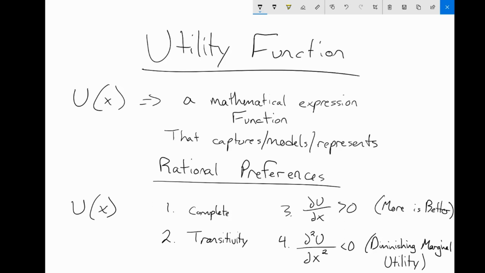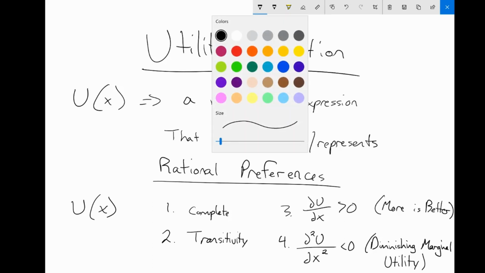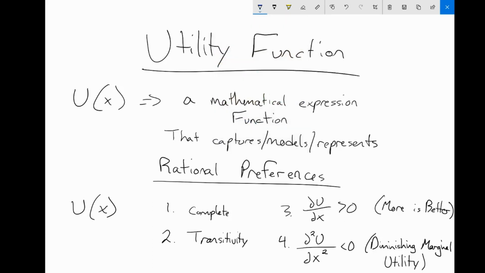Because if this function does a good job of capturing rational preferences, then we can use it to study decision making. Remember, according to rational choice theory, agents make decisions based on their preferences.